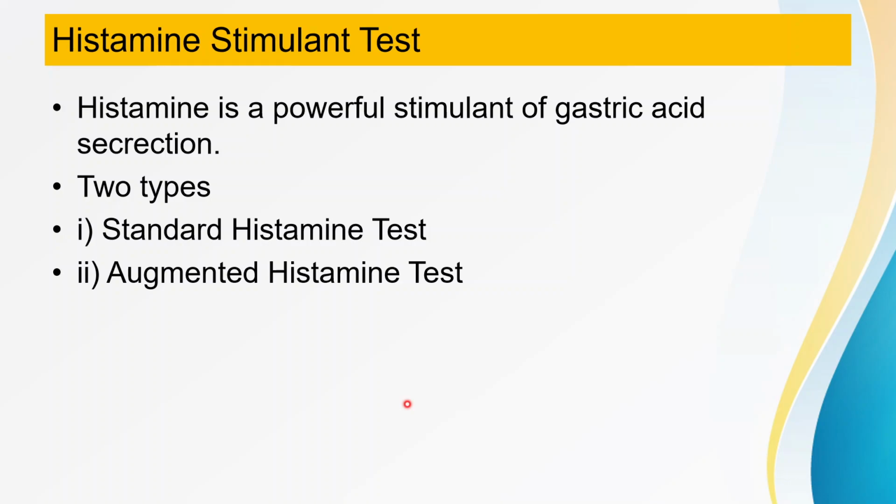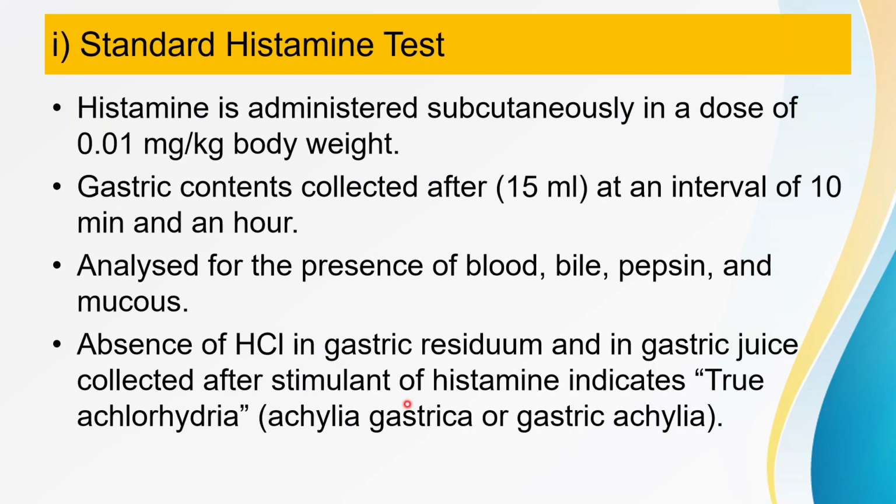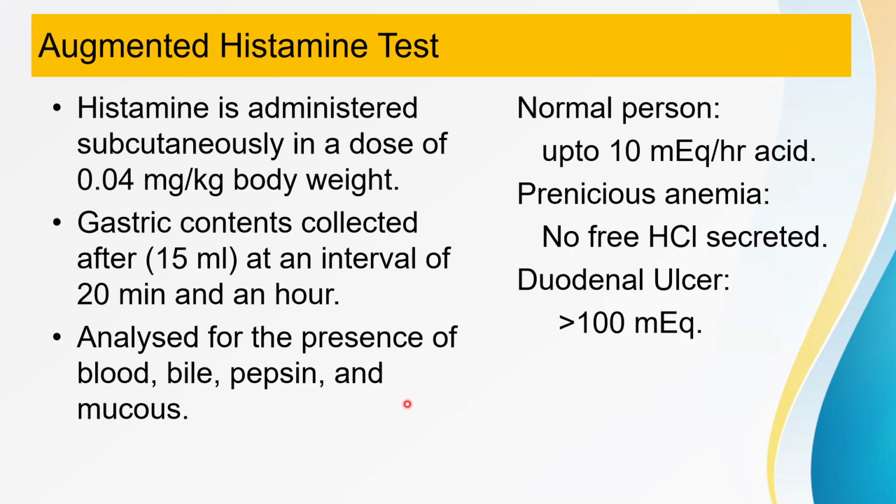It also helps to assess the maximum possible acid secretion before the patient goes for vagal resection or vagotomy. In the case of the augmented histamine test, the normal person may show up to 10 milliequivalent per hour of acid.